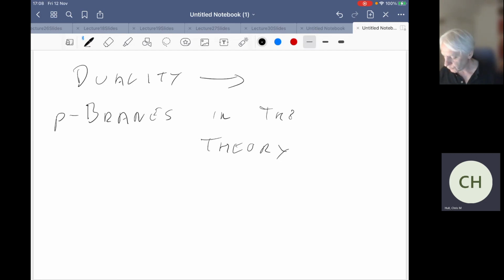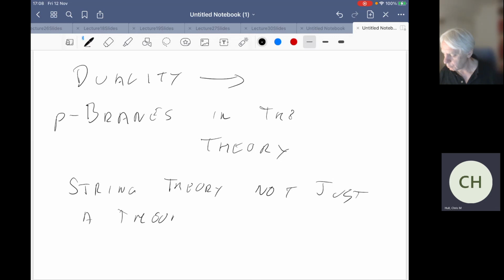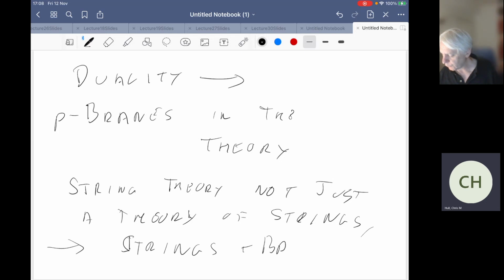And so string theory is not just a theory of strings, but at the very least it contains strings and branes.